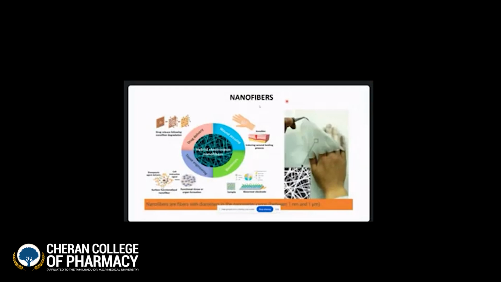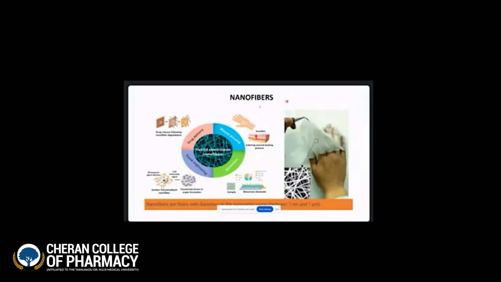The second advantage is the pore-like structure. As I said, it is a fiber, and along with the fiber you can see some pores. These pores help the exchange of gases. Because in chronic wounds there is a lack of oxygen, this will deliver oxygen to the wound regions and help in curing the wound.